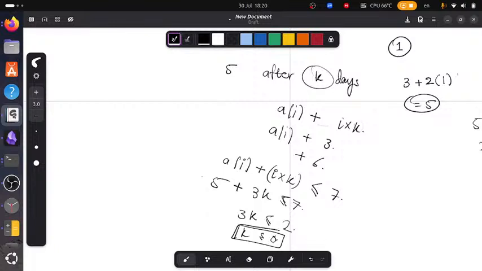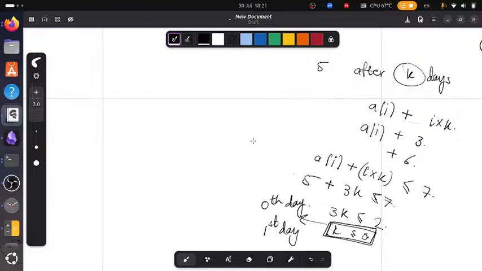So this only works for the 0th day, alright? It will fail for the first day after that.